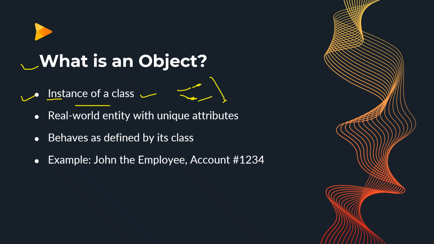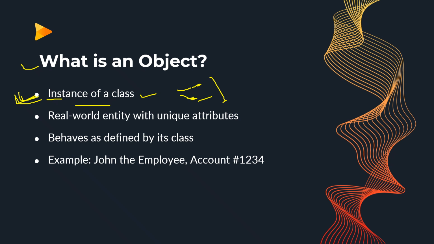So these are the two characteristics of objects. So object is an instance of class. Every object has one state and behaviors. So this is the definition of objects. So this can also be asked in exam or in your interview.